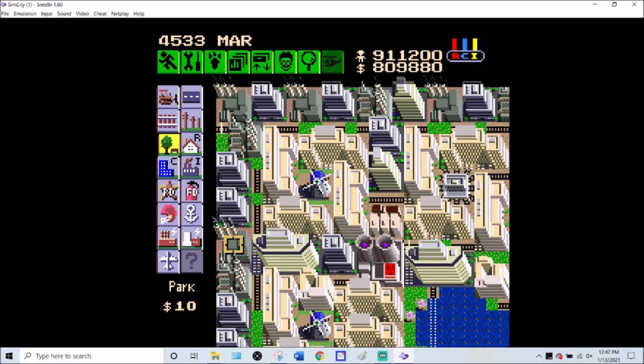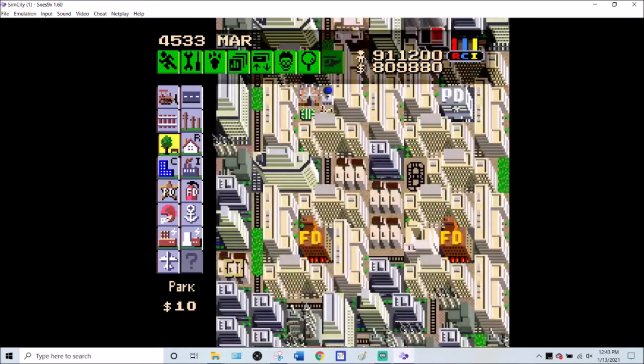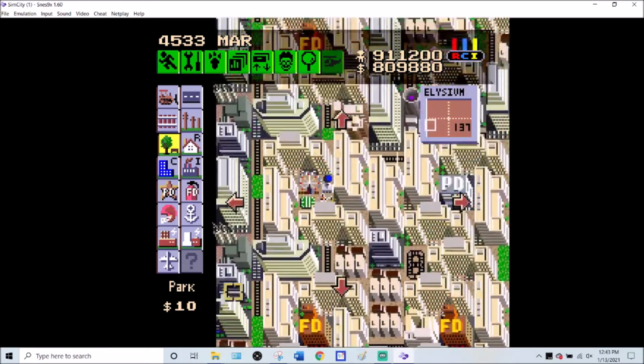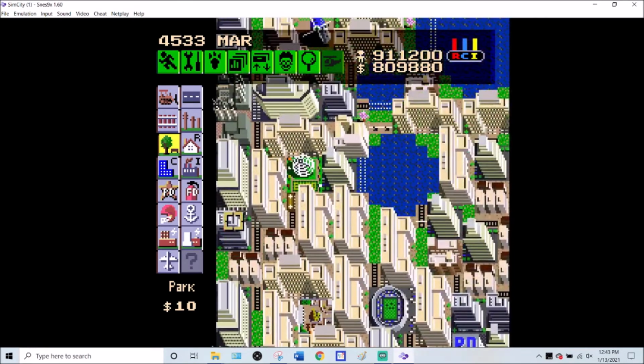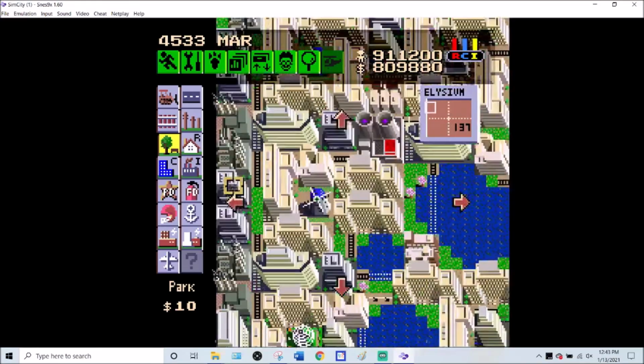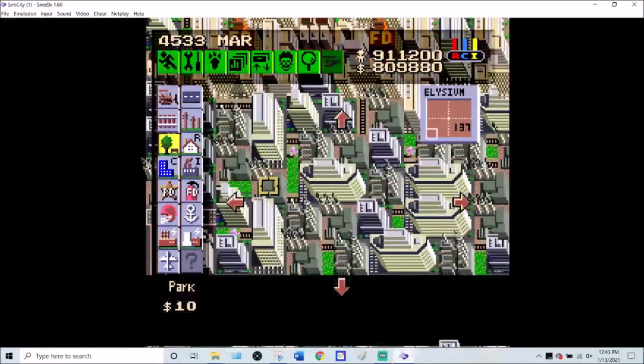When do you put industrial zones down? You put industrial zones down where residential and commercial zones don't develop. When I was building this city, I was doing my best to try and make all of this bottom left commercial zones.